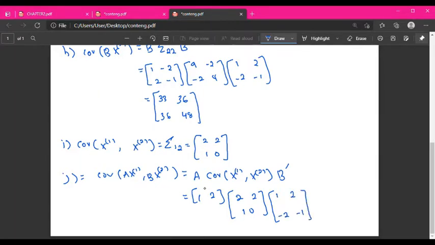Okay. So, you multiply this 3 matrix. So, you akan dapat this, because here 1 by 2, 2 by 2, 2 by 2. Last kali you akan dapat 1 by 2 matrix. The answer will be 0 and 6. So that is the answer.